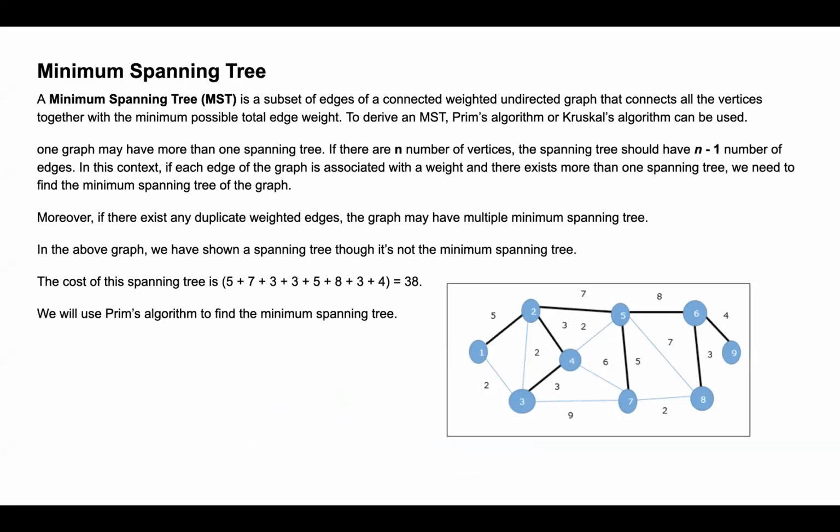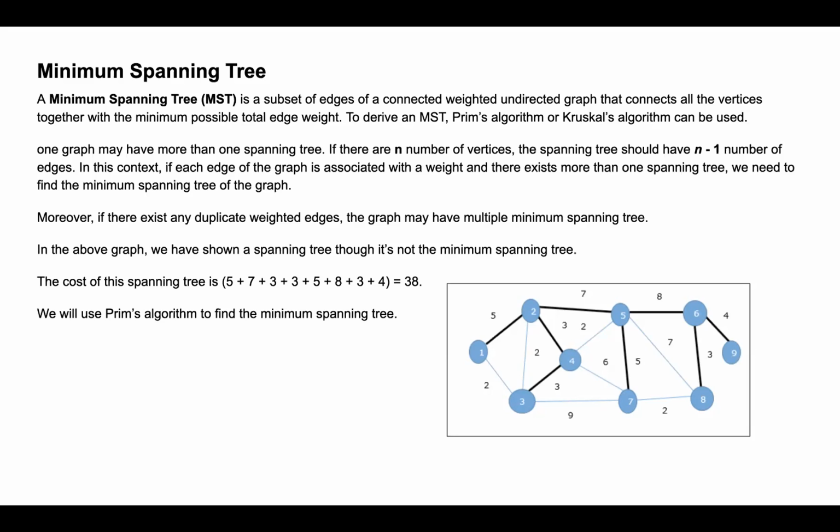Again, minimum spanning tree. As we know, a graph may have more than one spanning tree. So we have weights on the edges now, and we can calculate the total weight of a spanning tree.